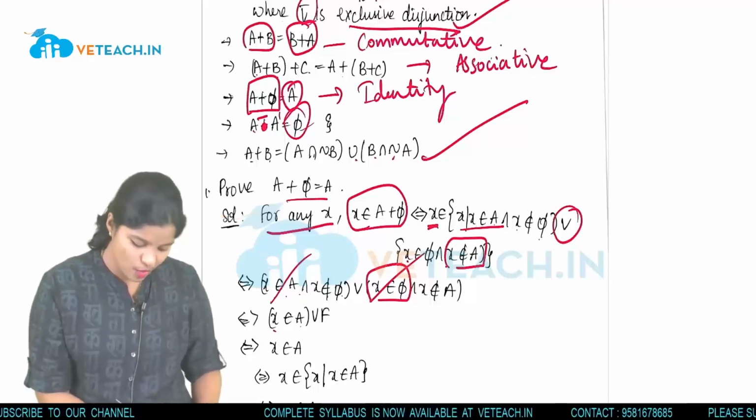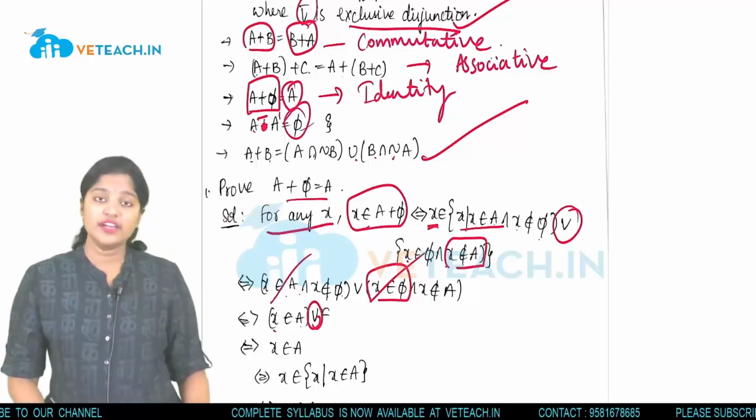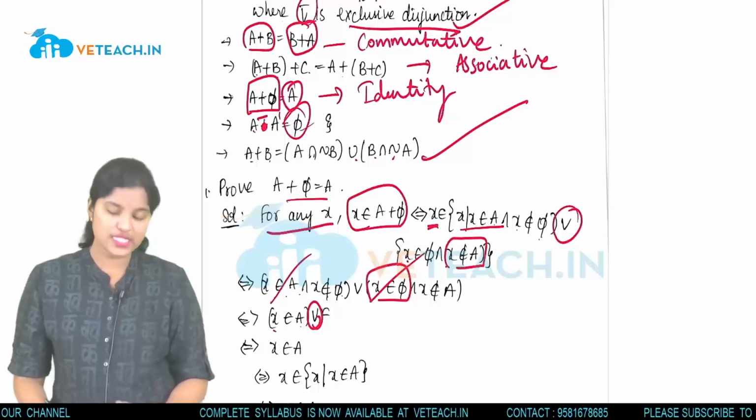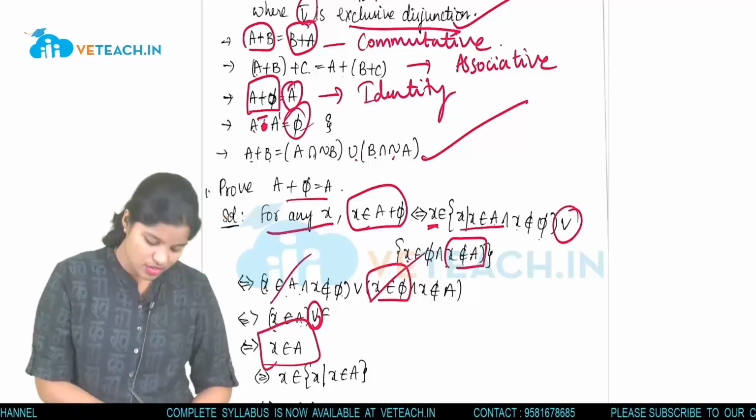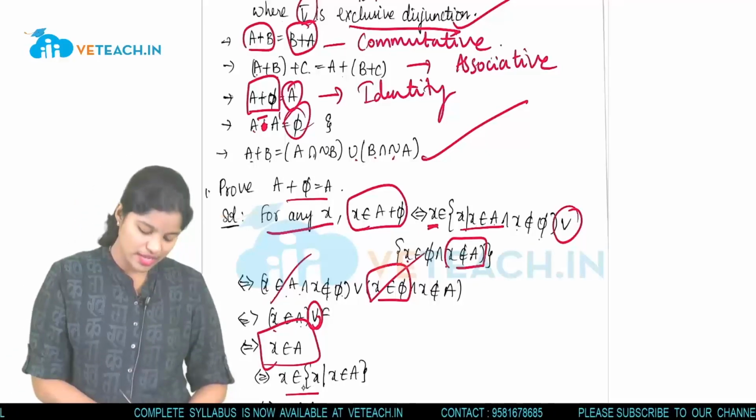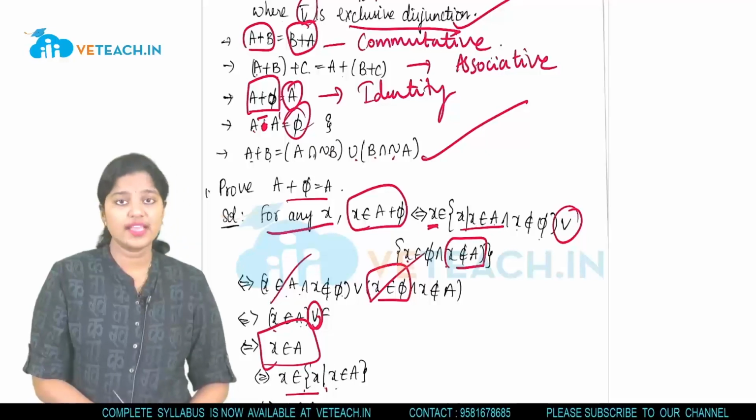That means x belongs to A or F, an OR condition with the false statement F. x belongs to A.